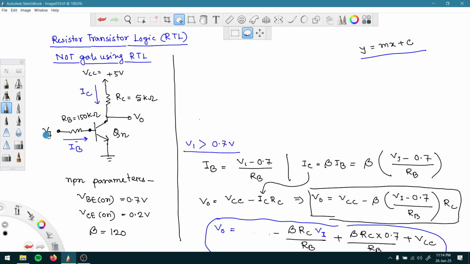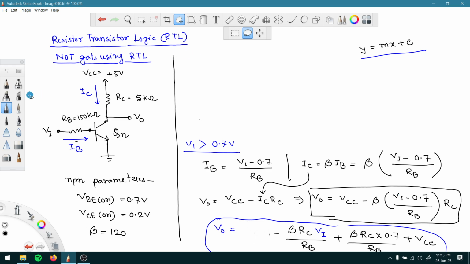So we can still use the equation we found for the active region. It is still valid for the saturation region as well, and here one parameter we directly know is the value of V0, because V0 can be considered as VCE on for the saturation condition. So V0 should be 0.2 volt, and just by putting in this value we can find the value of Vi. Let us try to do that.